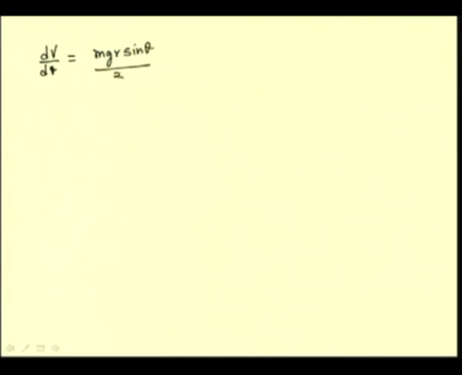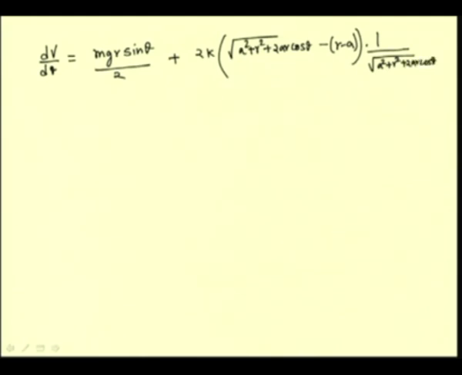mgr sin theta by 2, the differentiation of the gravitational potential energy term, plus 2k times root of a square plus r square plus 2ar cos theta minus r minus a times the differentiation of this quantity, which is 1 over root of this term, that is a square plus r square plus 2ar cos theta times minus 2ar sin theta.